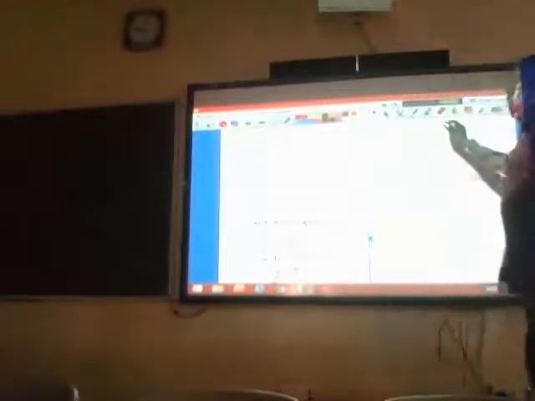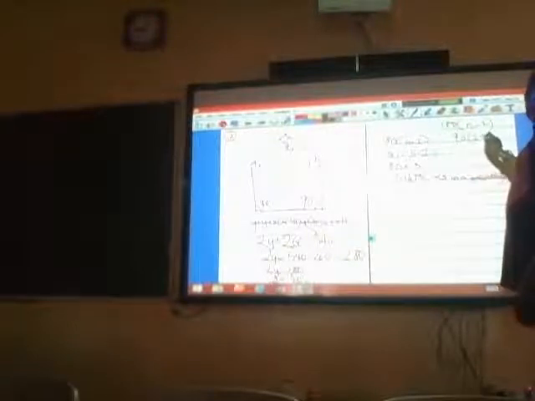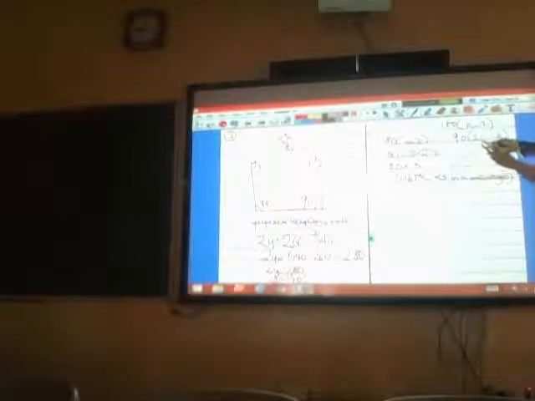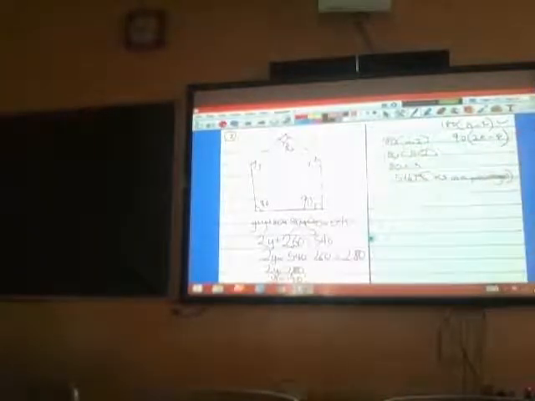It is either 180 times n minus 2, like she did, or 90 times 2n minus 4. It's still the same thing, because if you factorize out 2 from this bracket, I need to multiply 90 to give me 180. So they are the same. This is the formula for the sum of angles in a polygon, where n is the number of sides.